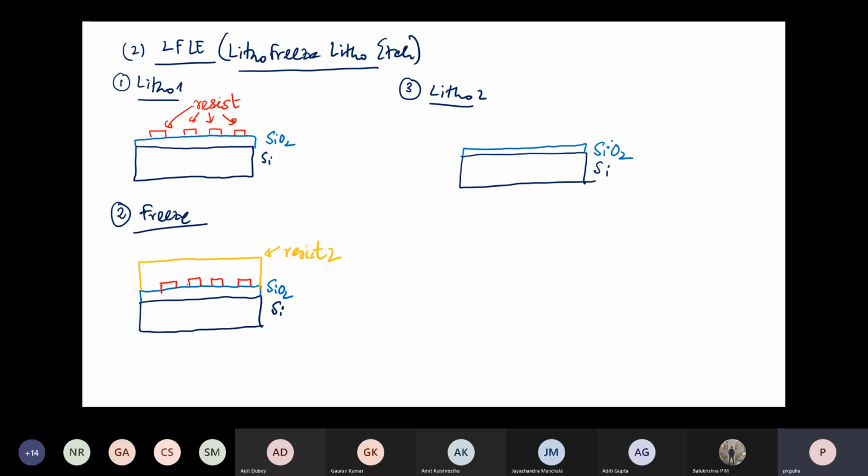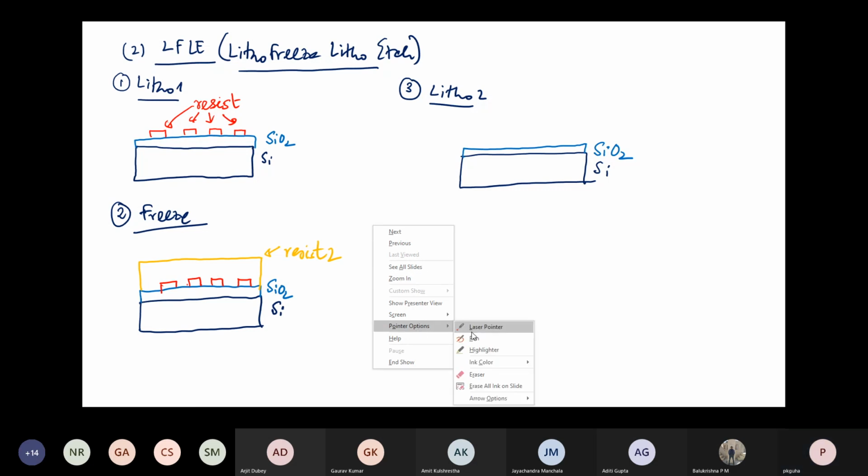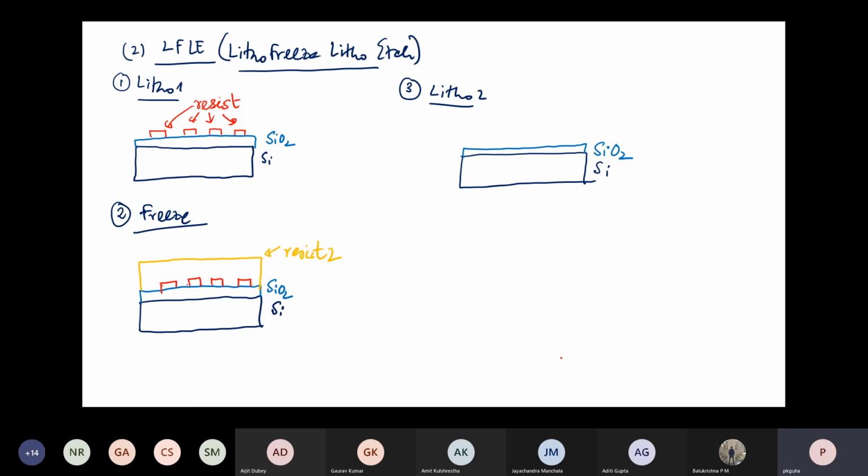I am now patterning resist 2, keeping the resist 1 intact. So if I do that, these are my resist 1 pattern.